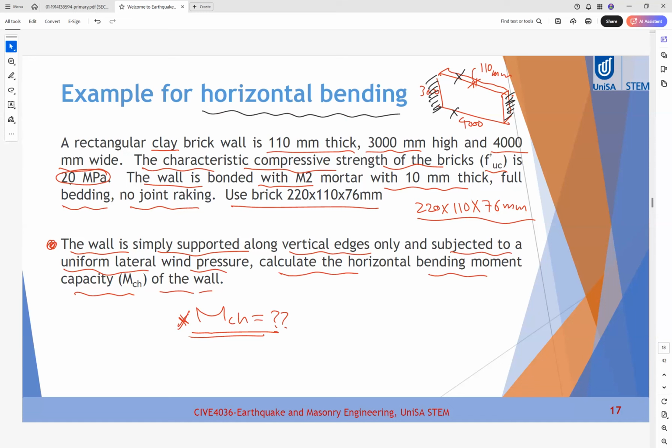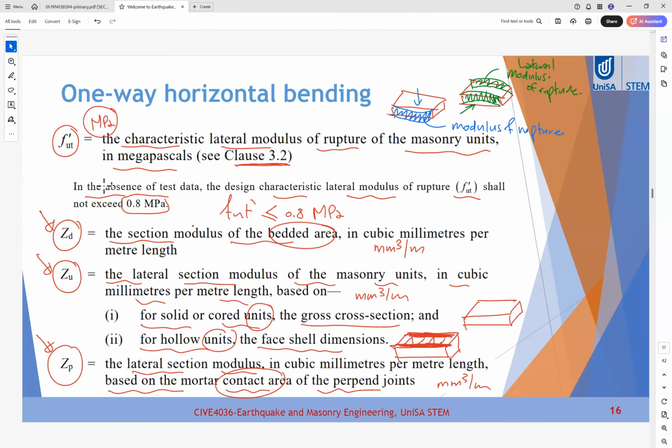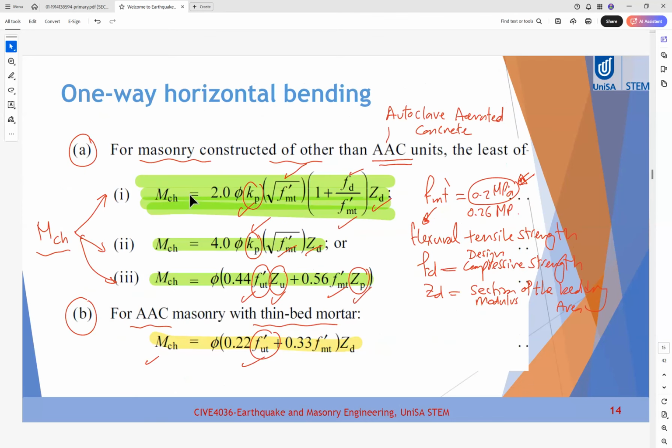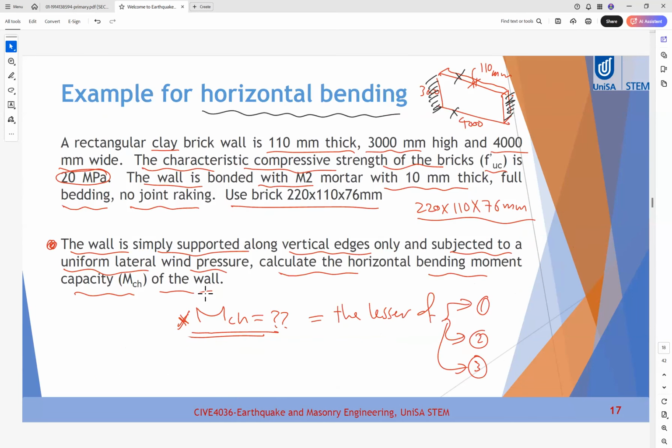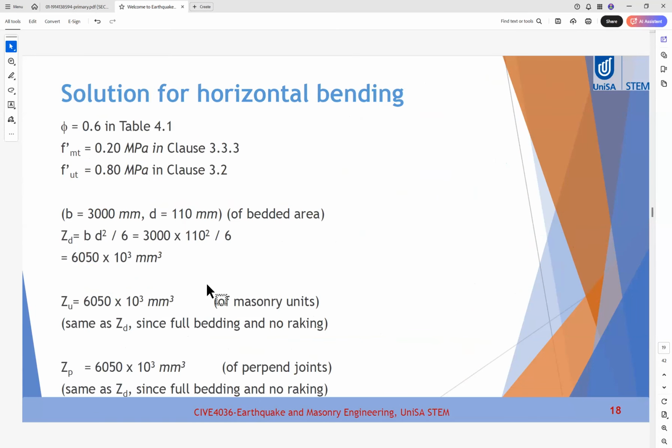So MCH will be equal to the lesser of the three values we just described earlier. We have three values of MCH; calculate each of them and select the smallest. So how to calculate these three values?